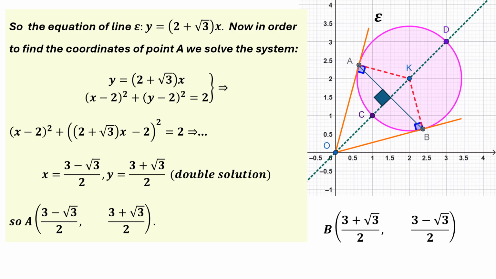Now in order to find the coordinates of point A, we solve the system of equations of tangent line OA and the circle. The coordinates of point A are shown at the end of the page. Also, since points A and B are symmetric as to the line y equal to x, we can also get the coordinates of point B.